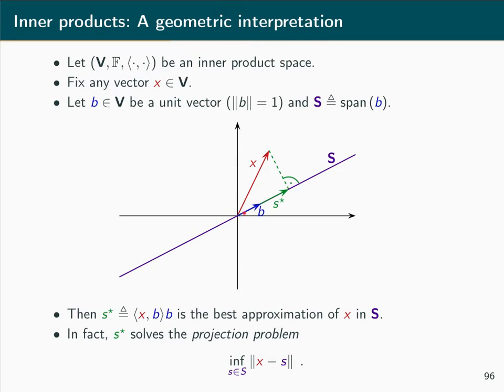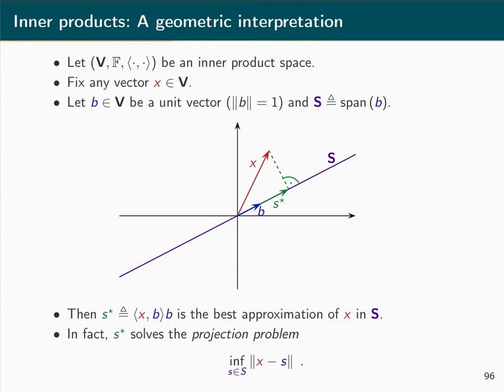So for any other vector in the subspace S, for instance this vector here, the error would be larger than the error caused by S star. And this S star can be constructed by the formula shown down here. So we take the inner product of x with b and multiply it with b, and this will give us the best approximation of x in the subspace S.